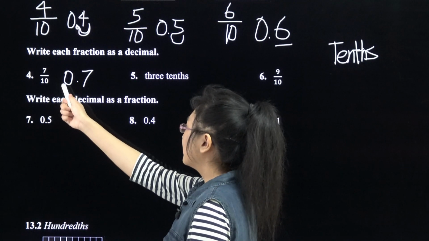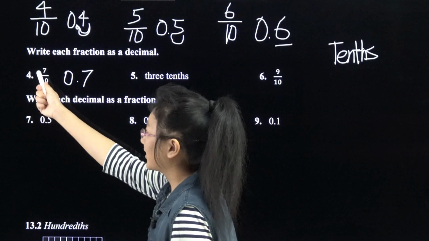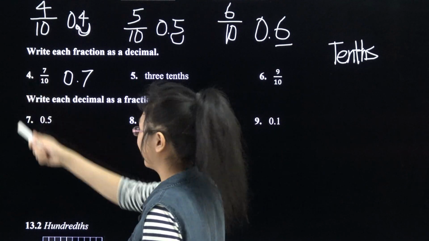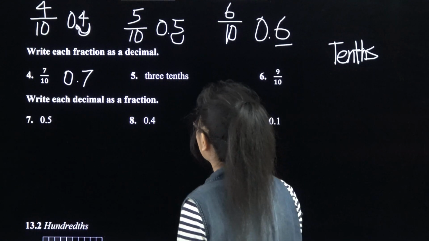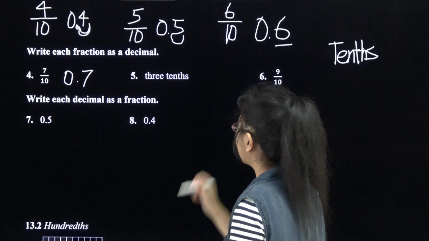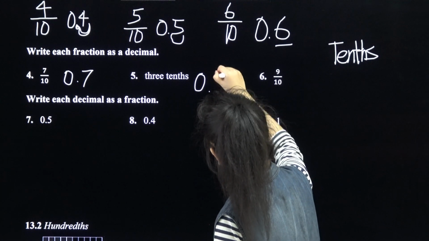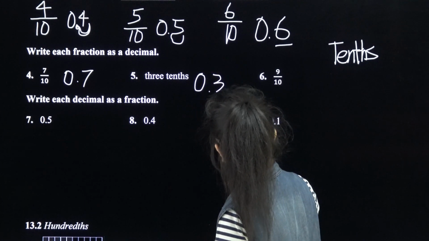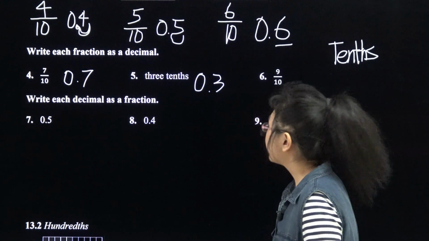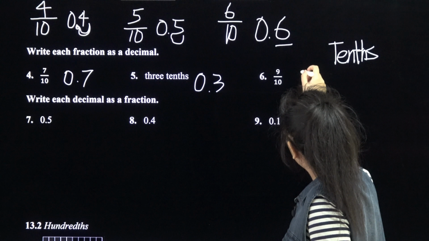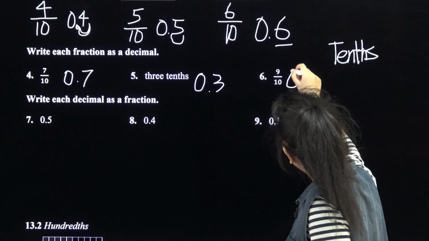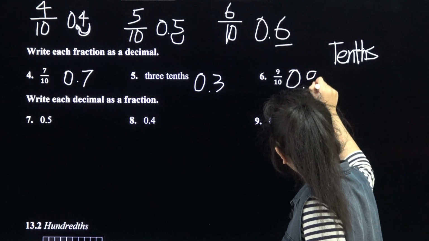The decimal would be 0.7, just like how this fraction is read 7/10. Well, that's 3/10. It's the same thing, because it's still a tenth. There's only one decimal place. And 9/10. It's still the same line of logic.